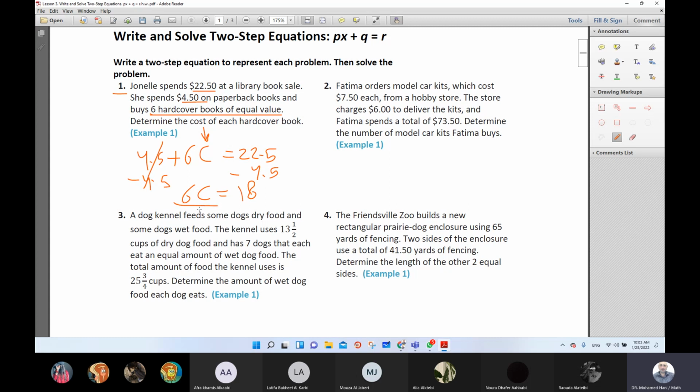Then you can divide here by 6 and divide here by 6. So 6C divided by 6 will be C, equal to 18 divided by 6. So the solution will be 3.